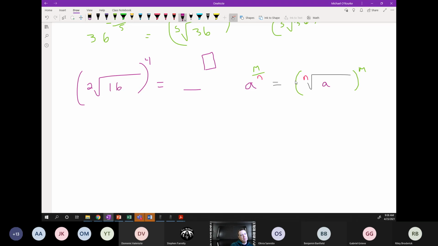So 16 is my A value, so it's going to go in there. Then I'm working my way out, and I kind of work my way up. So the n value here is 2, so it's going to be 2. My m is 4. How many people got this answer? Yes, no.